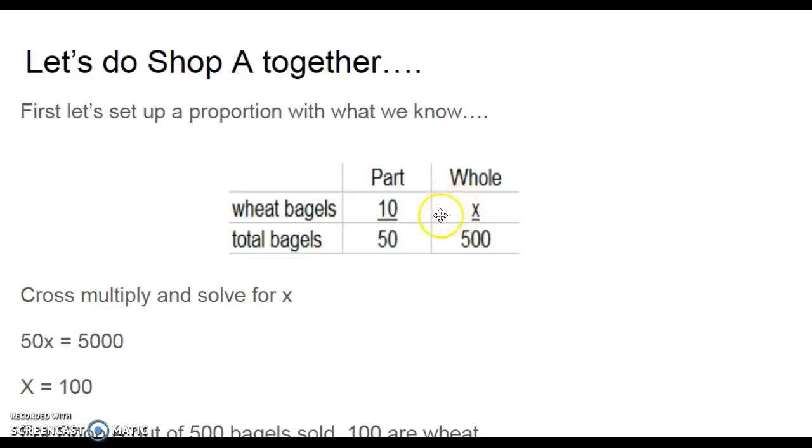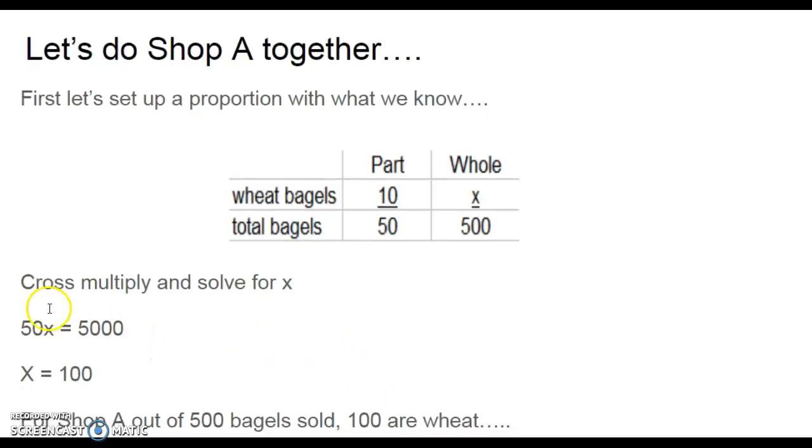So we are looking for x. Once you set up your proportion, you can cross multiply and solve for x. When we cross multiply, we get 50x equals 5,000. When you divide each side by 50, x is going to equal 100.